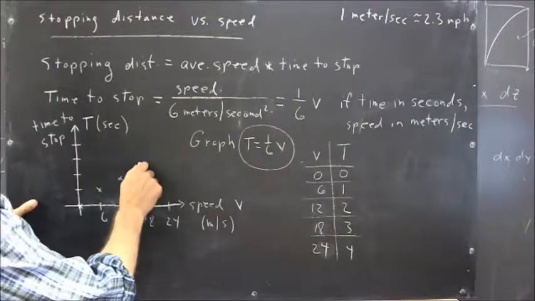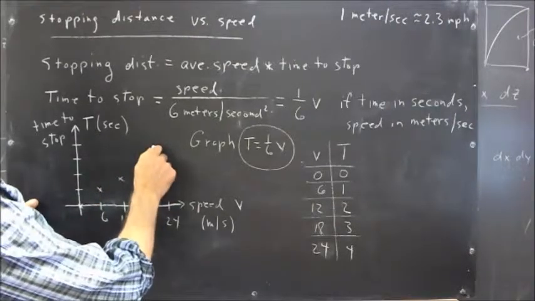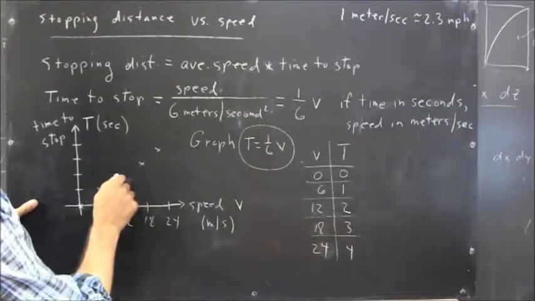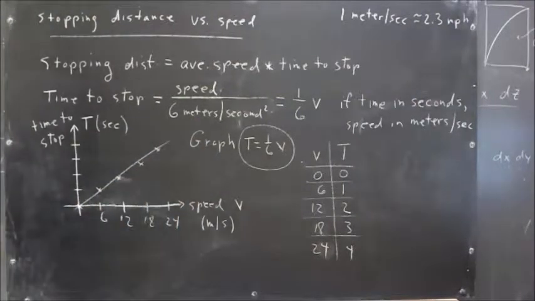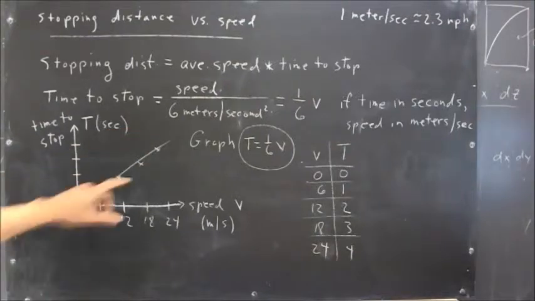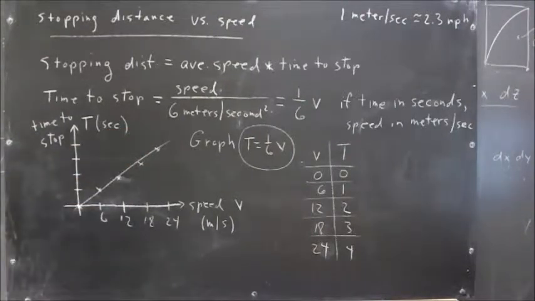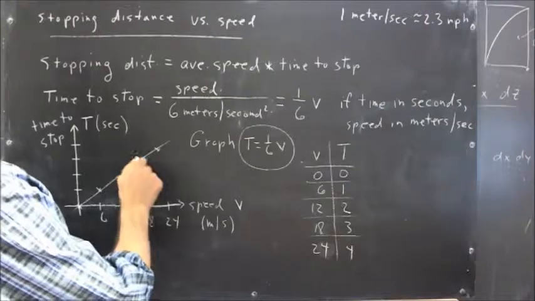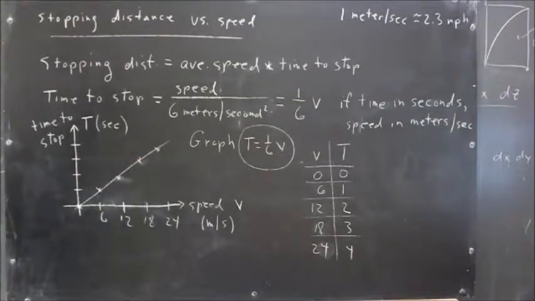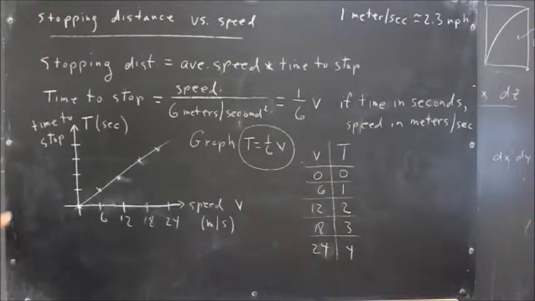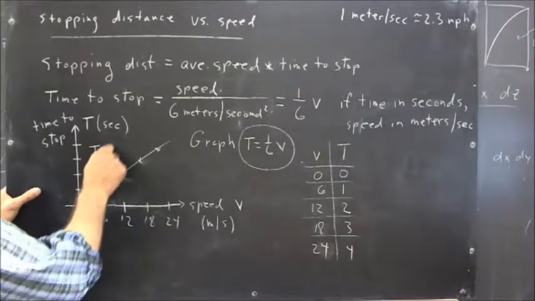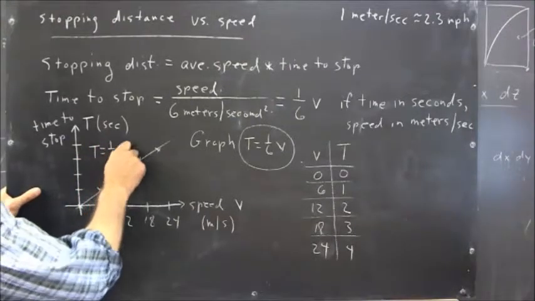I don't have a real good line of perspective on this board, so I didn't get those perfectly aligned. This point should have been a little higher. Let's go ahead and fix that. Okay, so now we have our time. This is t equals 1/6 v.